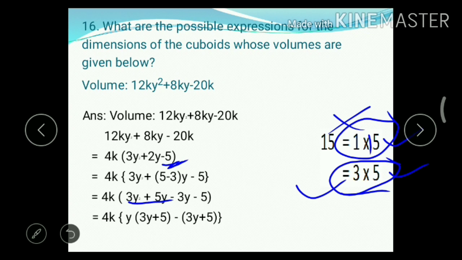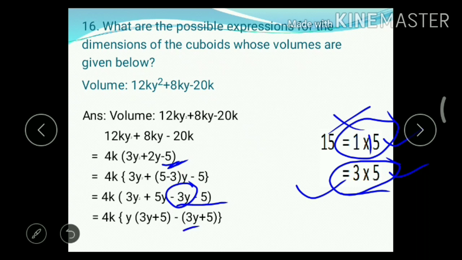Then from the last two terms, nothing can be taken out as common, but you have to write in bracket. So when you write in bracket, a minus is automatically extracted. Understood? So inside the bracket, the sign will be changed. It was negative, now it has become positive. It was also negative, now it has become positive.